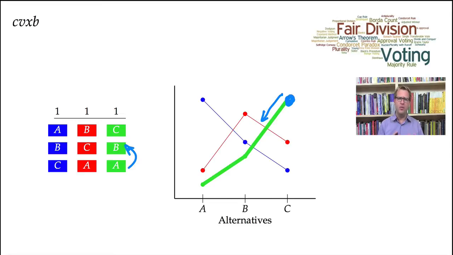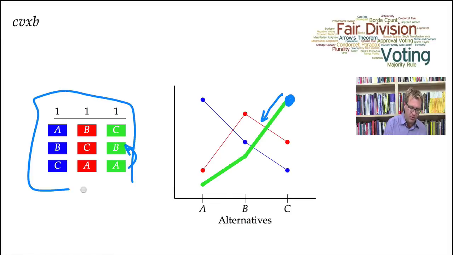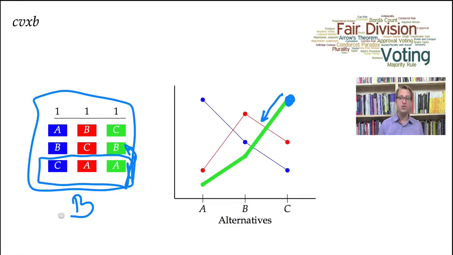Why might that be? Well, we can notice that there is some agreement in this profile that you don't see in the previous profile, the Condorcet triple. Note that everybody agrees that candidate B is not ranked last.